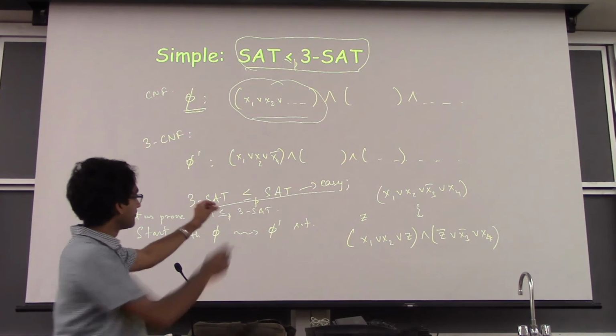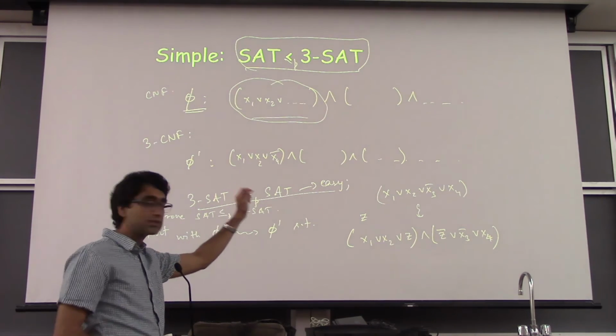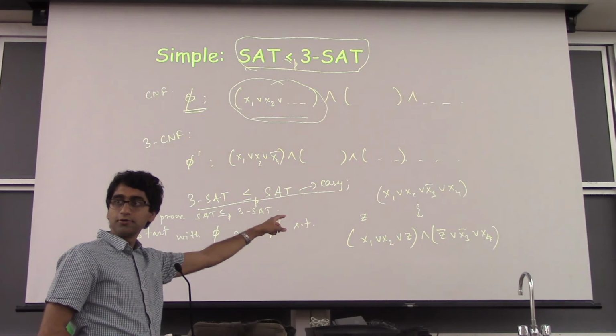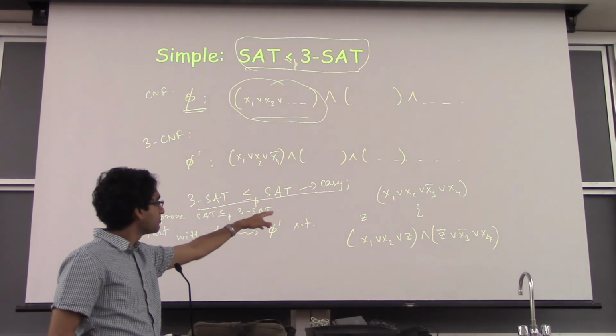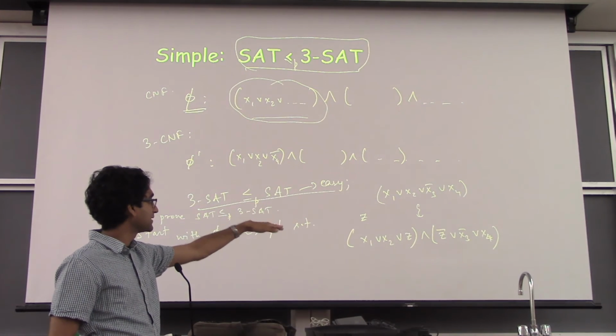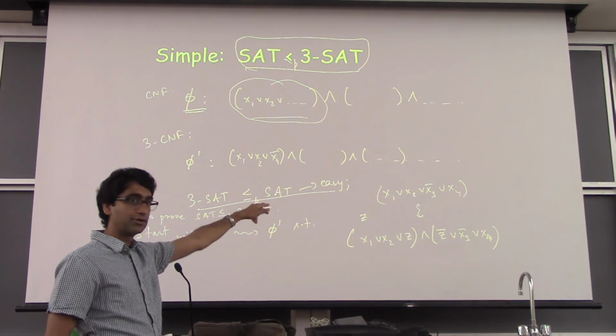I've just done what I wanted, which is split these two, and I introduced z here and z bar here. I claim that any x1, x2, x3, x4 that satisfies this should also satisfy that, and the other way around.